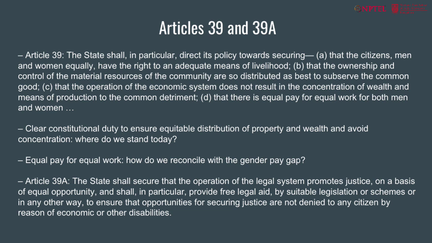Coming first to Articles 39 and 39A, Article 39 notes that the state shall, in particular, direct its policy towards securing that the citizens, men and women equally, have the right to an adequate means of livelihood, that the ownership and control of material resources of the community are so distributed as best to subserve the common good, that the operation of the economic system does not result in the concentration of wealth and means of production to the common detriment, that there is equal pay for equal work for both men and women.